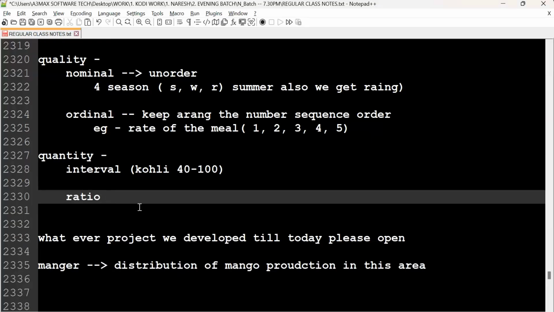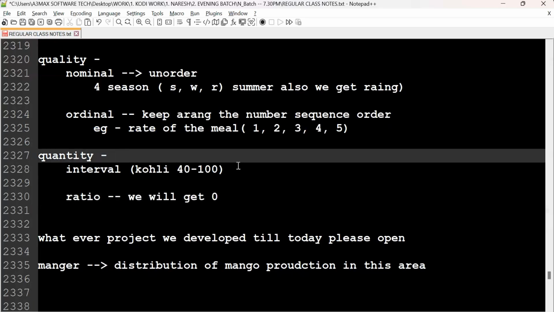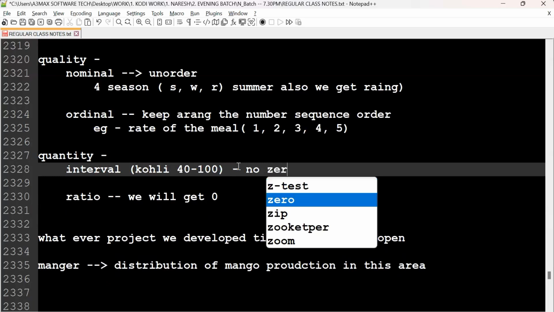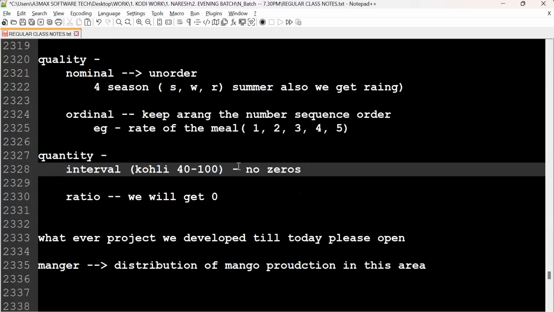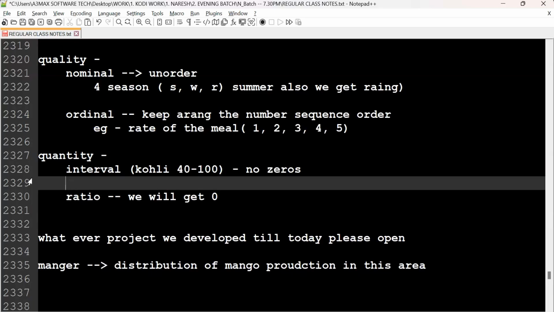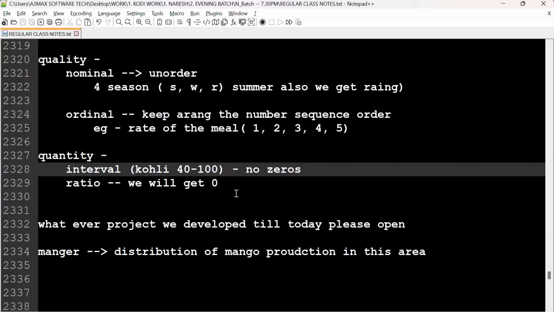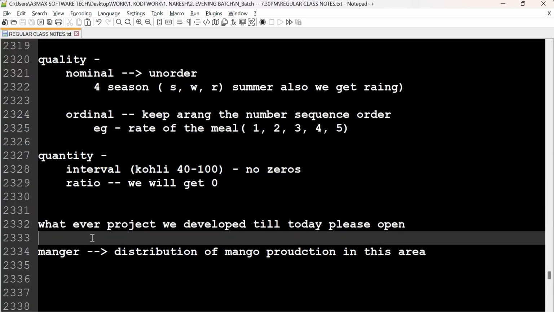In ratio we can get 0, but in interval there is no zero. If I ask what is interval, would you say 0 to 10? No. Length, we start from 0.2, 0.3 or not? So ratio can have 0, but in interval we don't get 0. I hope you understand up to this.